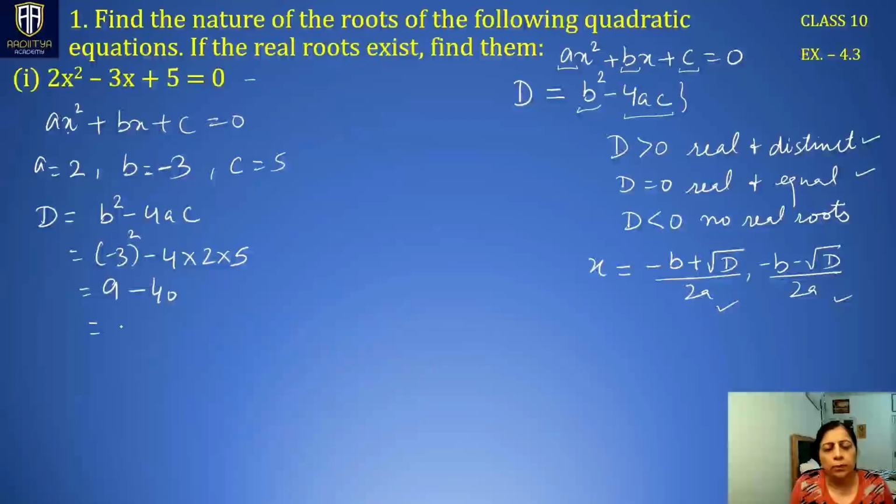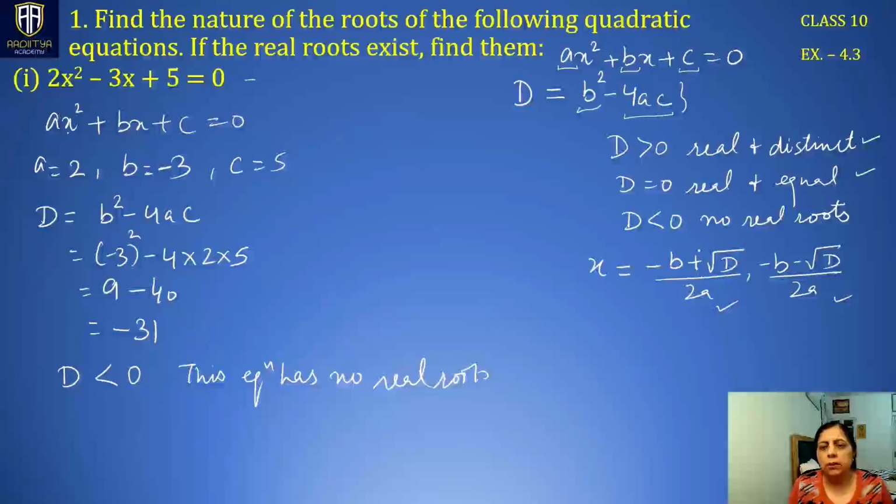This comes out to be negative 31. So we can see that D here is less than 0. So we can write that this equation has no real roots. When D is a negative quantity, this equation will not have any real root.